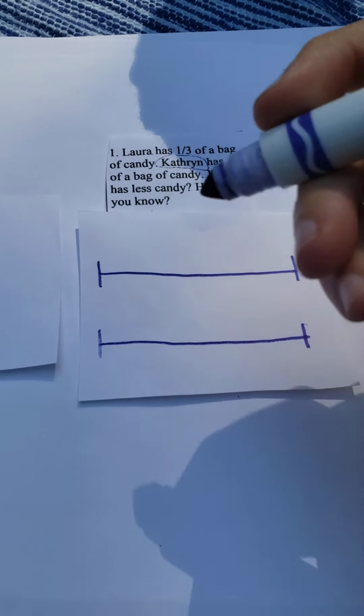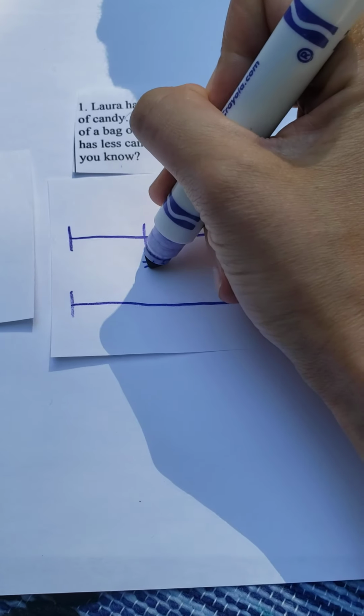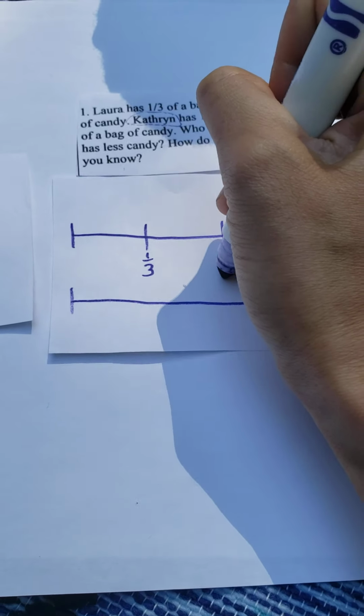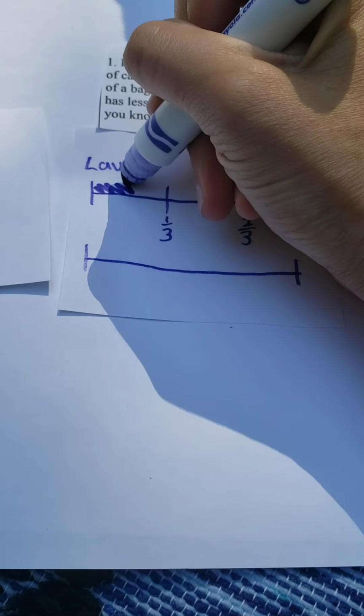Let's see how you're doing, Skittles. Skittles has drawn 2 number lines the same size. The first number line is going to be cut in thirds. Skittles will label 1/3, 2/3, 3/3, and this line is representing Laura. Laura has 1/3 of a bag of candy.